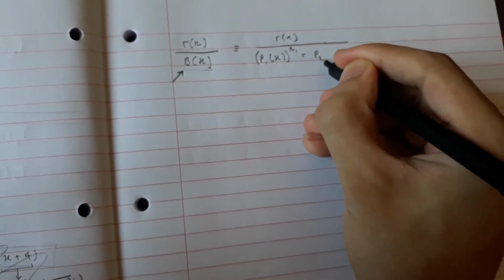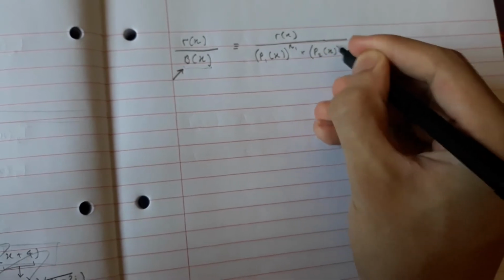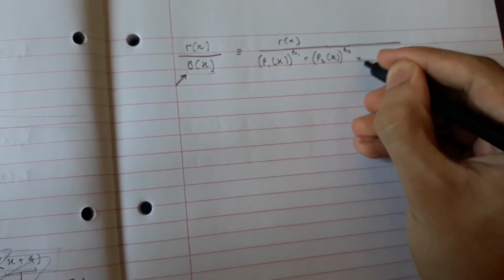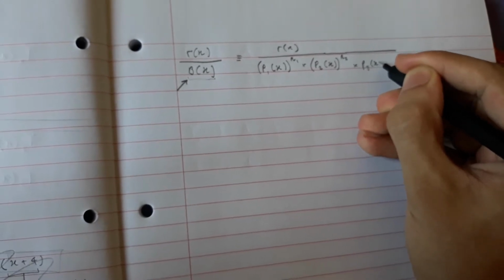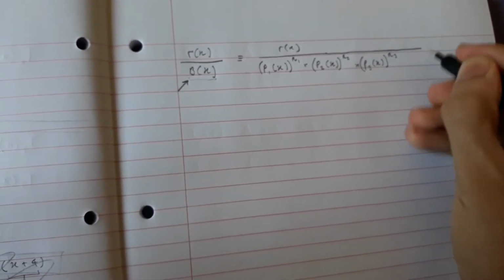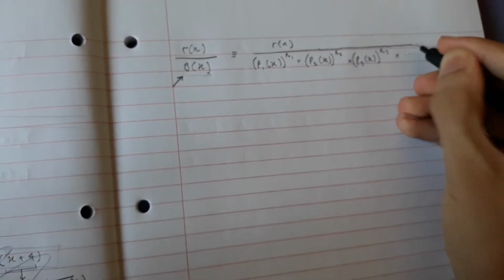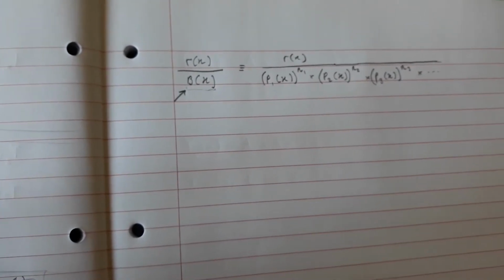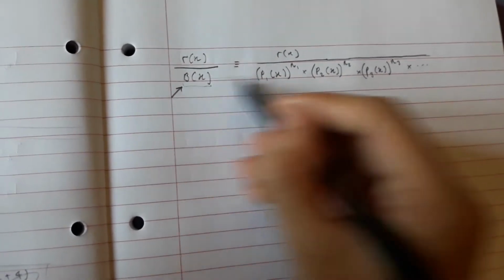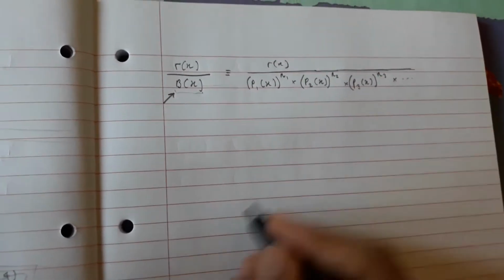And then we might have another factor like this, all raised to the n2, times p3 of x, all raised to the n3, times, and so on. So in the most general case, if we completely factorize b, it'll look like this.